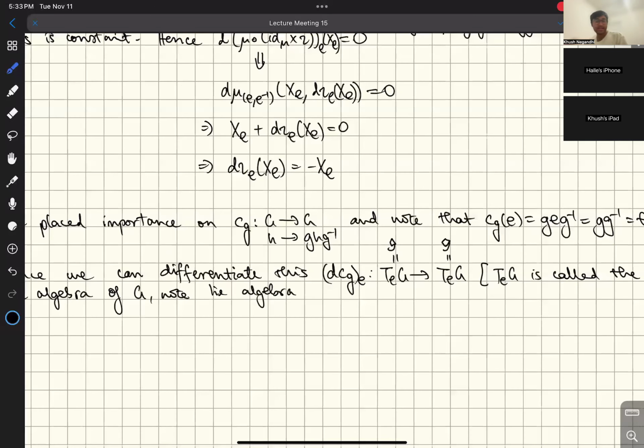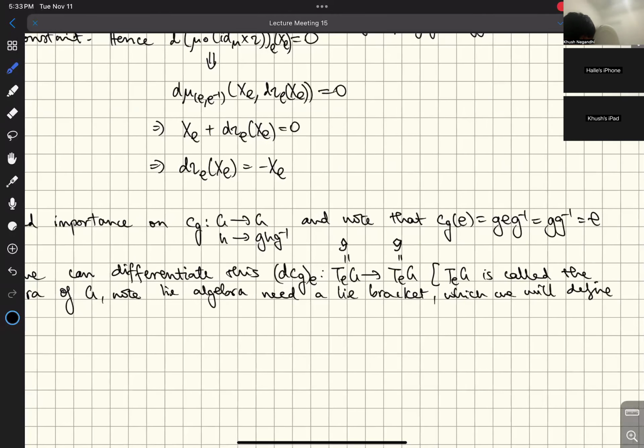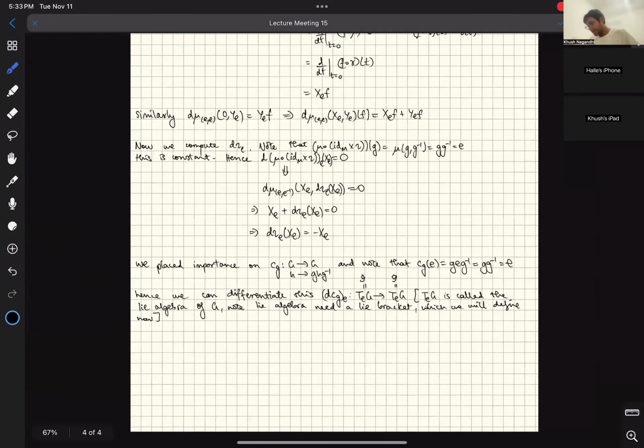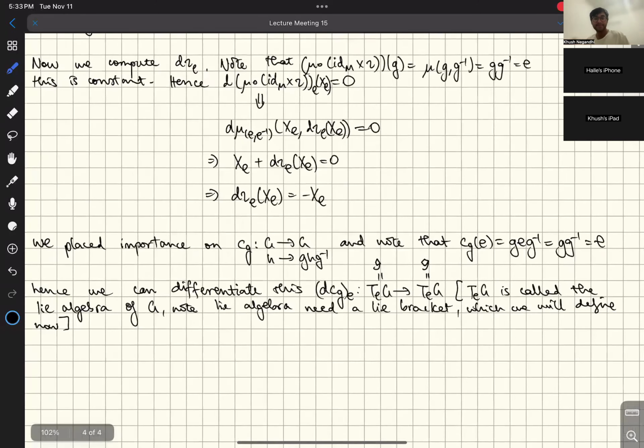If you recall, Lie algebras need a Lie bracket, which we will define now. This is why we look at the conjugation map. We take its differential, and this gives us a map.